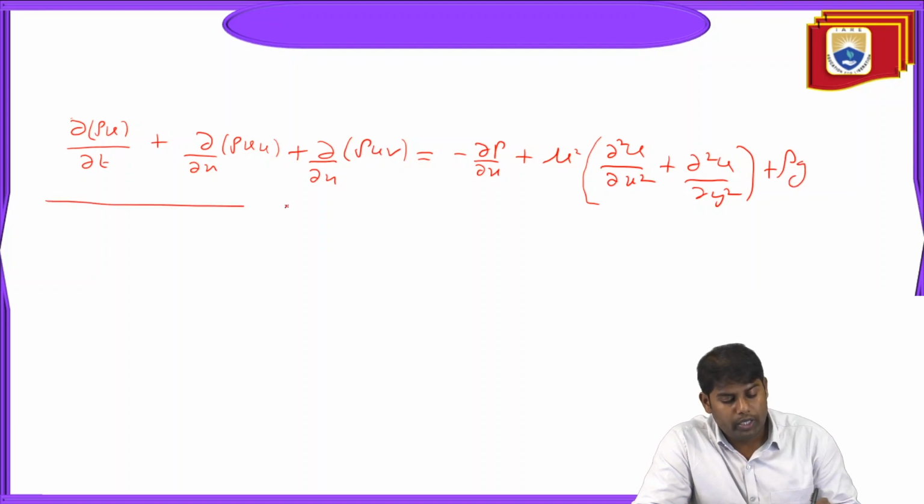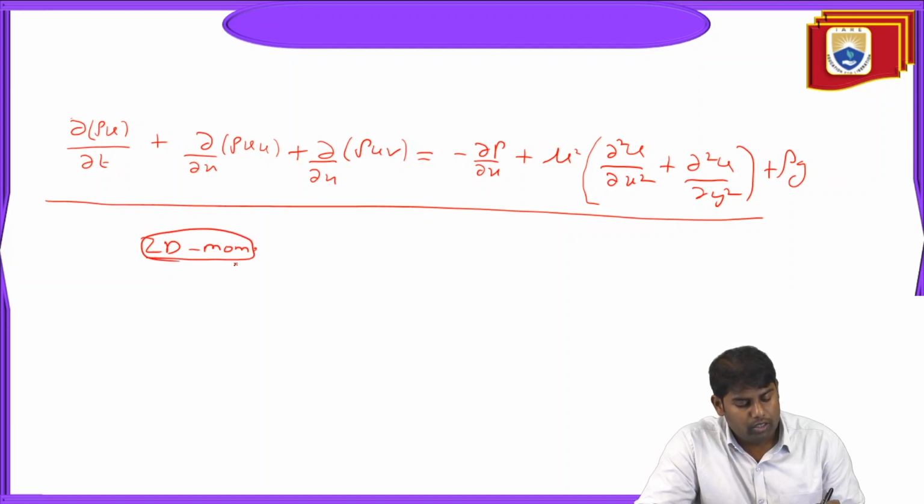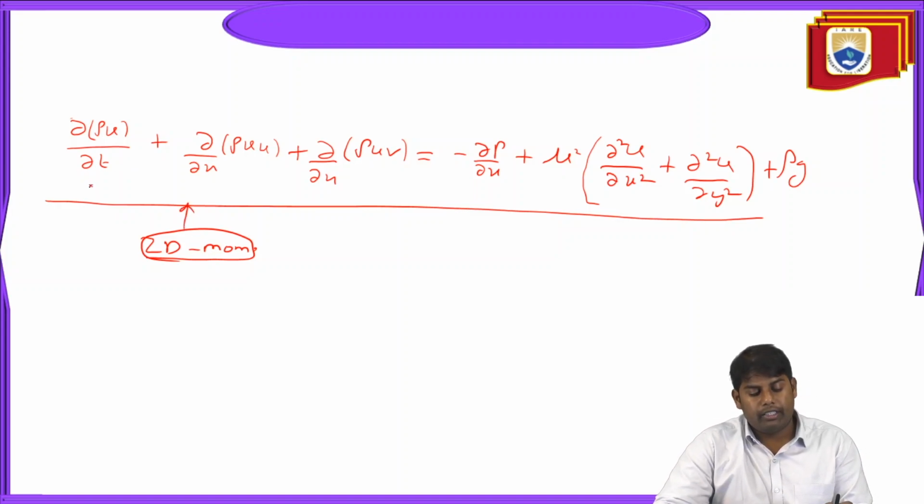So this is the two-dimensional momentum equation. Here, what happens actually? Here you can see.